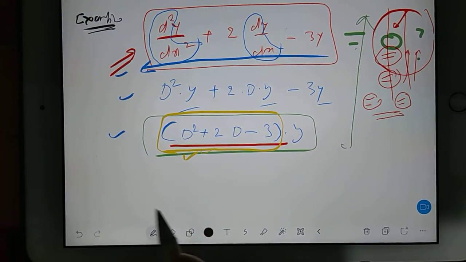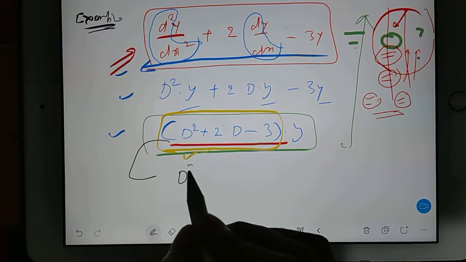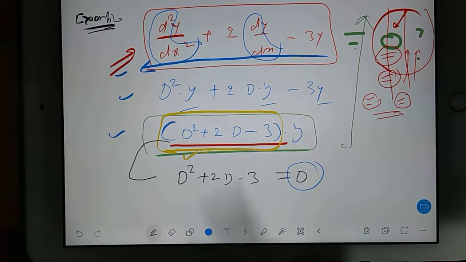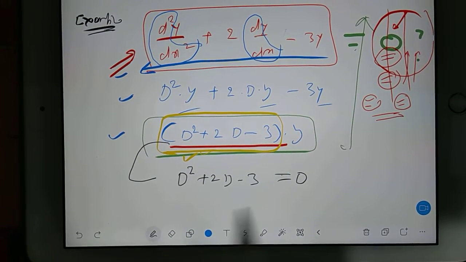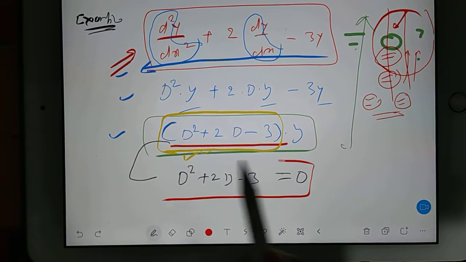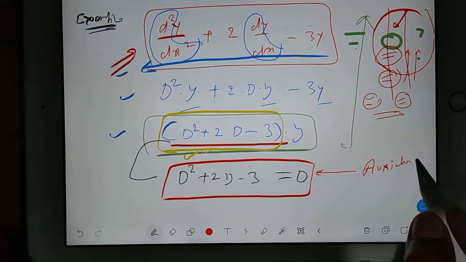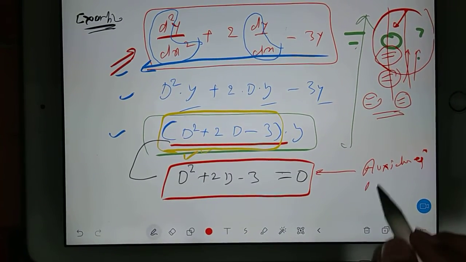Get my point? When you put D square plus 2D minus 3 equal to 0, this 0 I am putting because of the method.